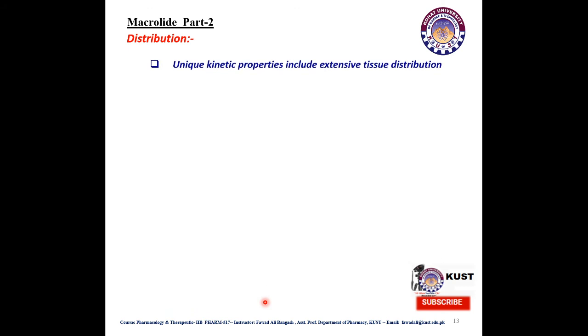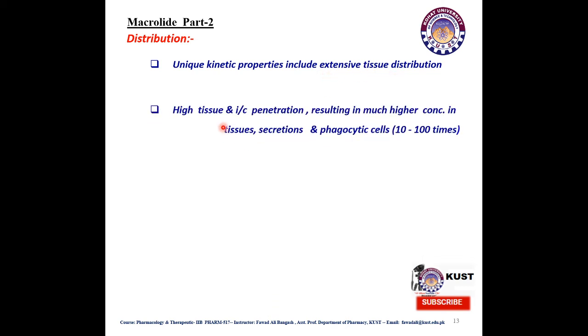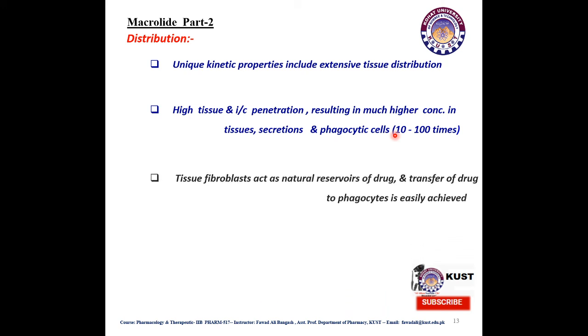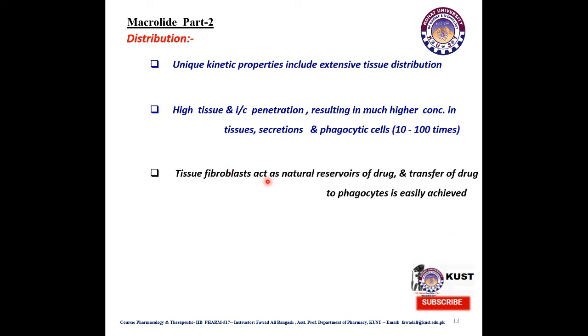Distribution: unique kinetic properties include extensive tissue distribution and high tissue and intracellular penetration, resulting in much higher concentrations in tissue, secretions and phagocytic cells. Tissue fibroblasts act as a natural reservoir of the drug, and transfer to phagocytes is easily achieved.